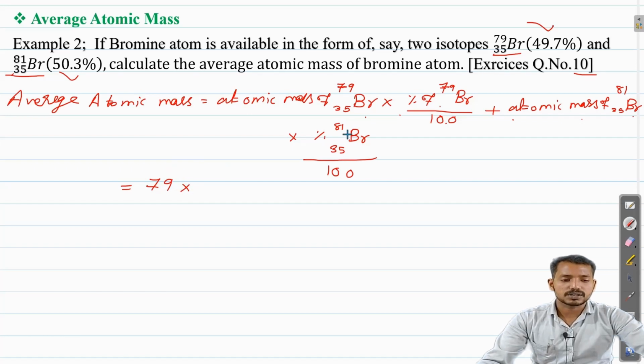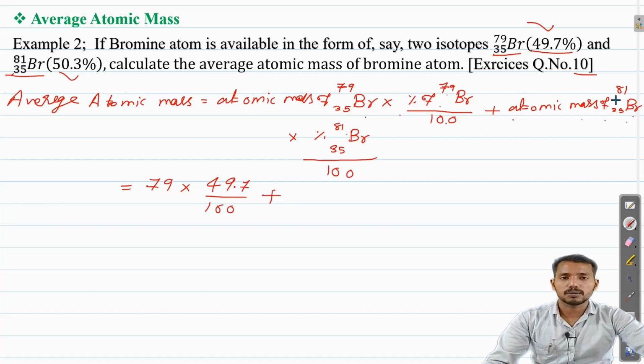Into what is the percentage of bromine 79? That is 49.7 percent. 49.7 divided by 100, plus what is the atomic mass of bromine 81? That is 81, into what is the percentage of the second isotope? 50.3 divided by 100.